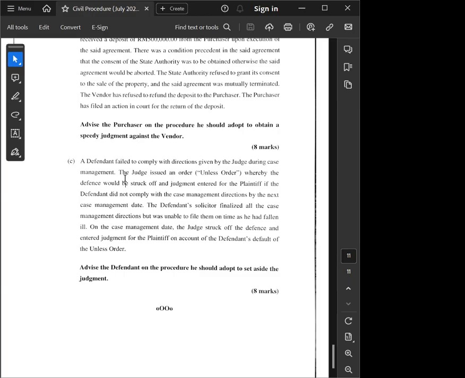However, under Order 34, Rule 2, Sub 4, if there is a good reason, the aggrieved party may apply to the court to reinstate the action, which means to set aside the judgment entered by the court. To see whether there is a good reason, the fact is he had fallen ill.